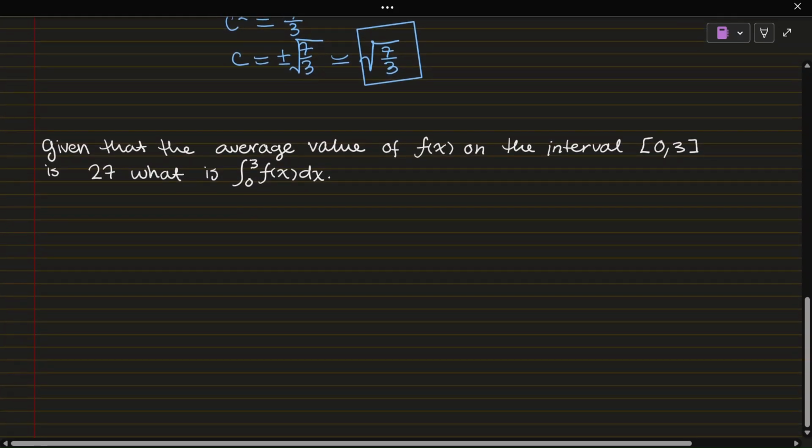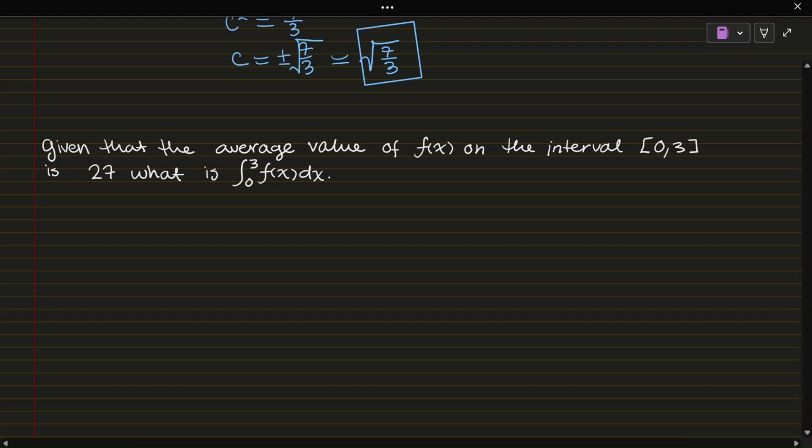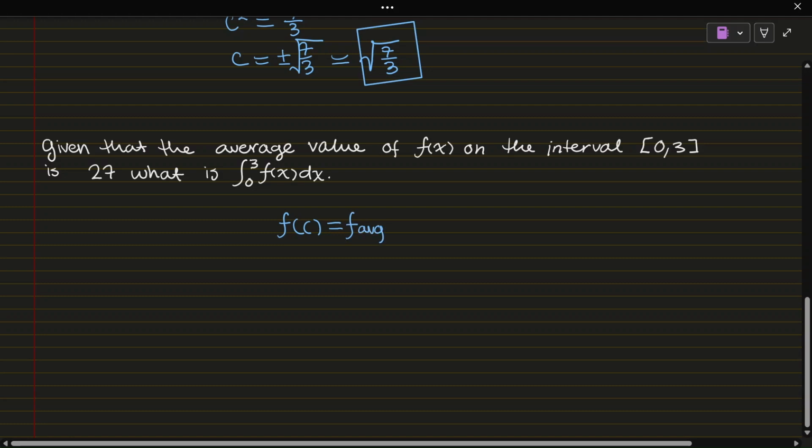Okay, next, given that the average value of f of x on the interval 0 to 3 is 27, what is the integral from 0 to 3? Let's just rewrite our theorem. It states f of c, which is f average, is equal to 1 over b minus a times the integral from a to b of f of x dx.